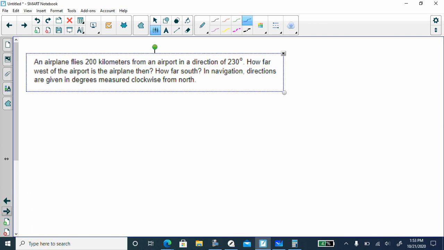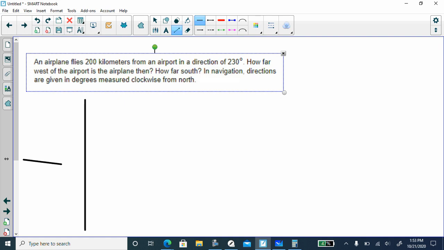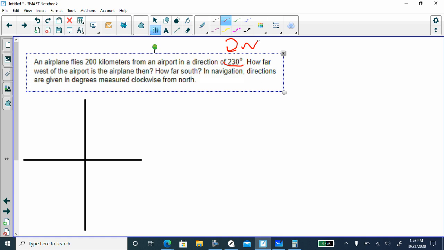All right, here's a word problem. Let's take a look at this. It says we have an airplane that flies 200 kilometers in a direction of 230 degrees. If it says in a direction of 230 degrees, that's considered to be clockwise from north. When we're given headings, they're measured from north, and they're measured in a clockwise rotation.